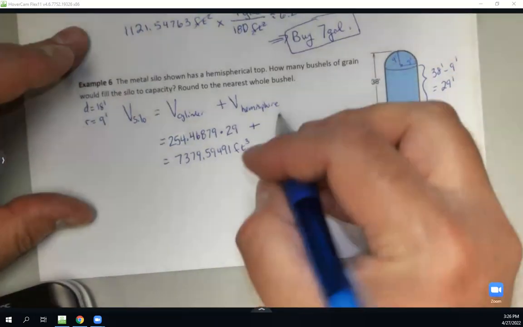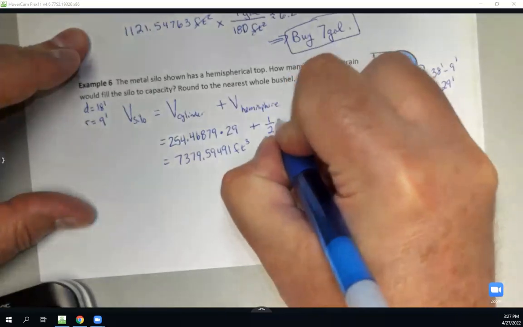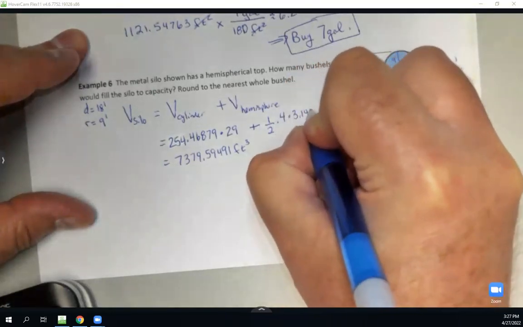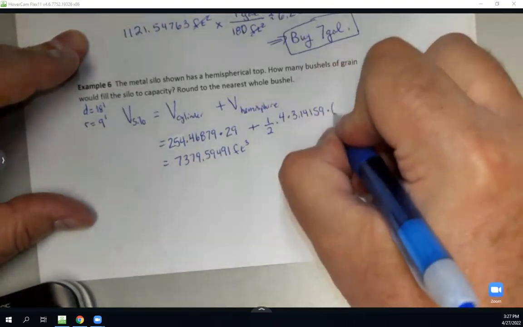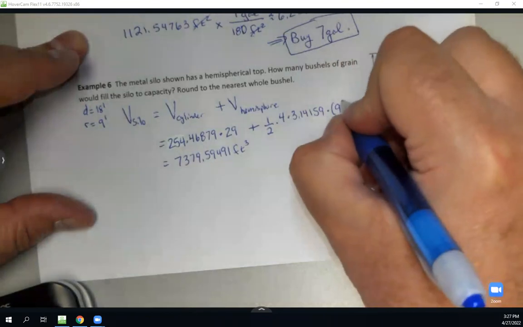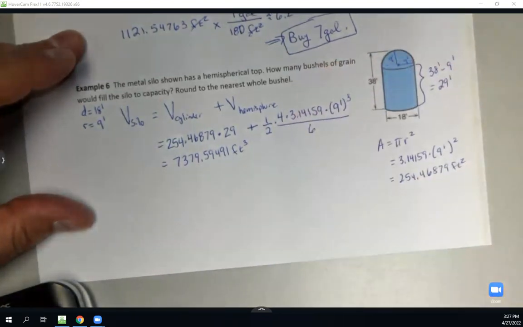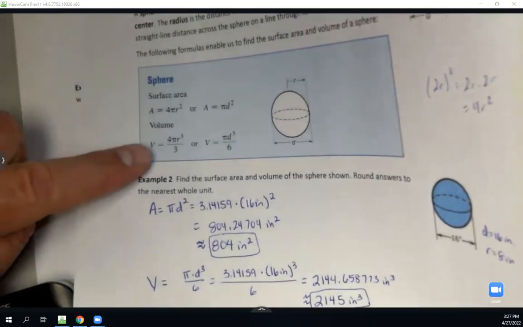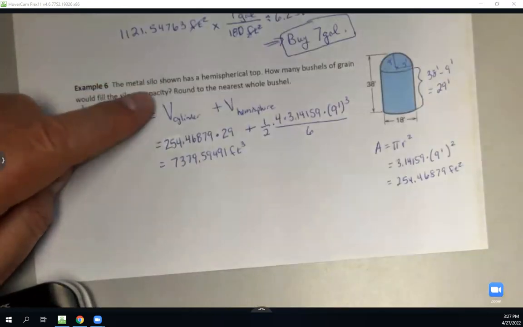So 1/2, because it's a hemisphere, times 4 times 3.14159 times 9 feet cubed divided by 6. Again, I hope not divided by 6, divided by 3.